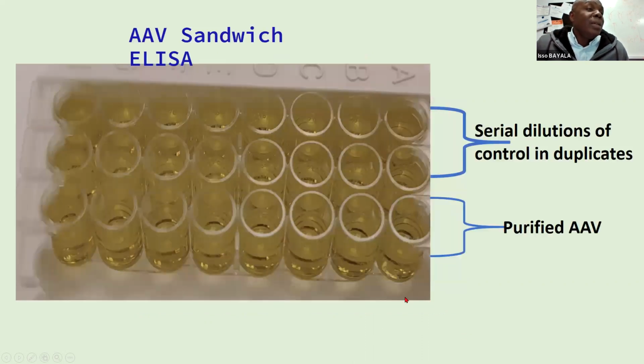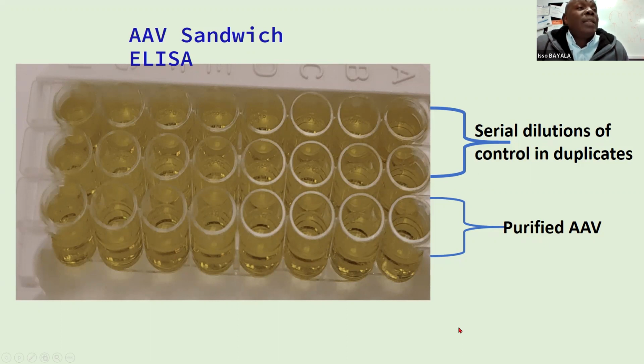So this is the plate. The plate comes with the kit, and the plate is coated. It has antibodies attached to the bottom. So we add the samples. The kit also comes with a positive control with a real AAV that we can dilute, which we did in the first two rows.